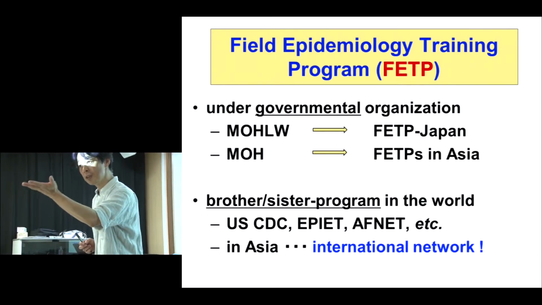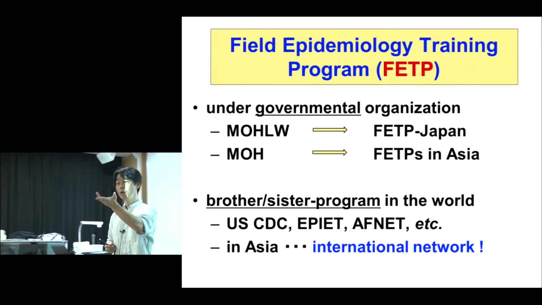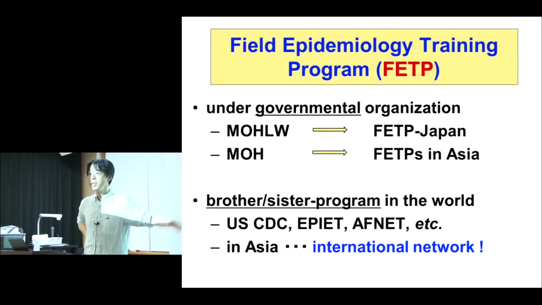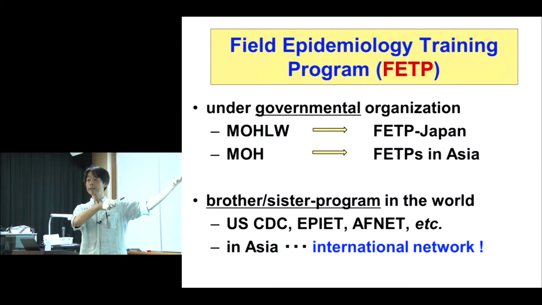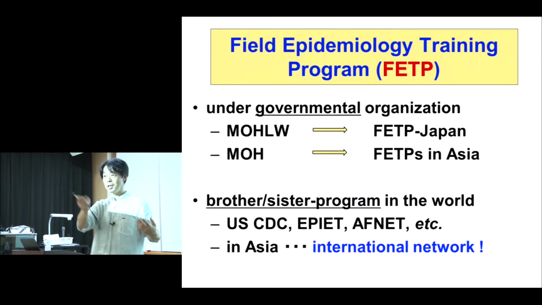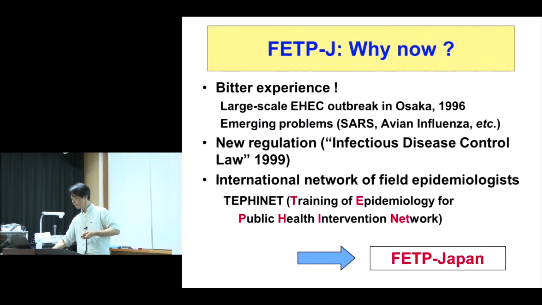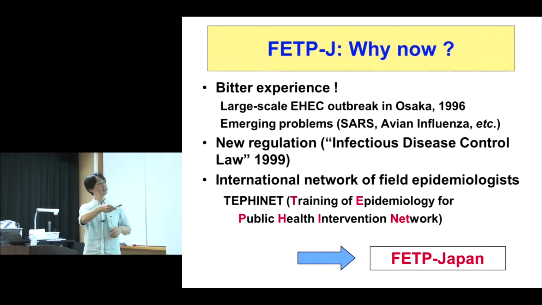In Thailand, your country has a very old history, almost 30 years of field epidemiology training programs, and I have a lot of friends in your countries. In Japan, we developed our FETP in 1999.